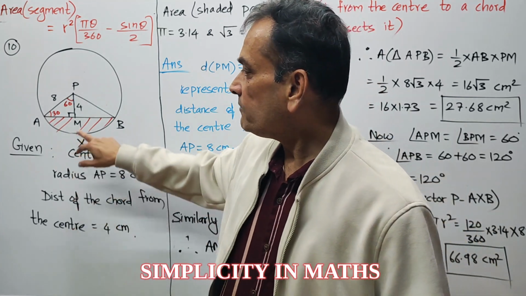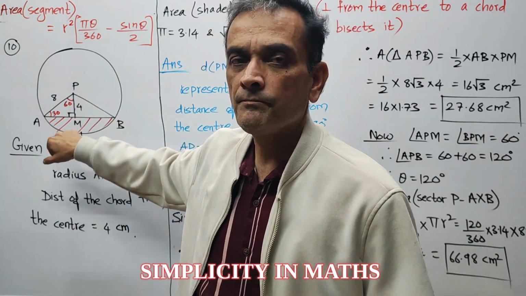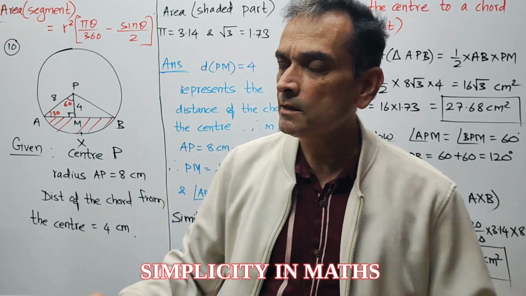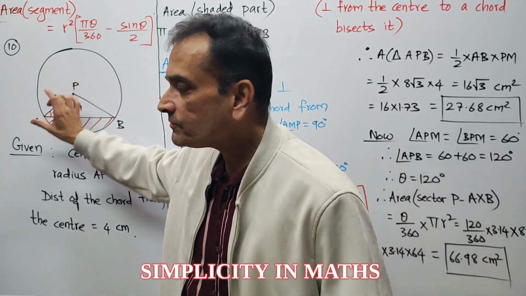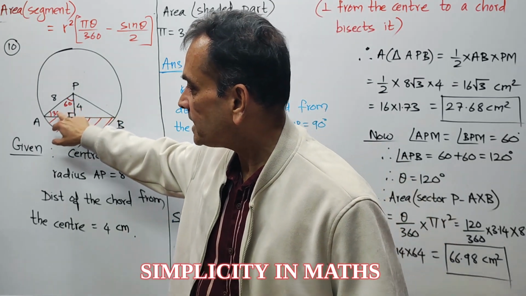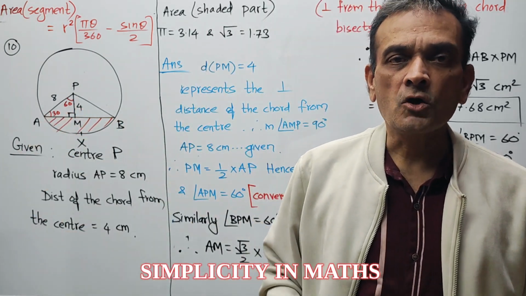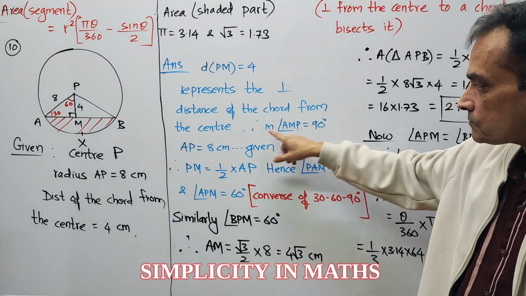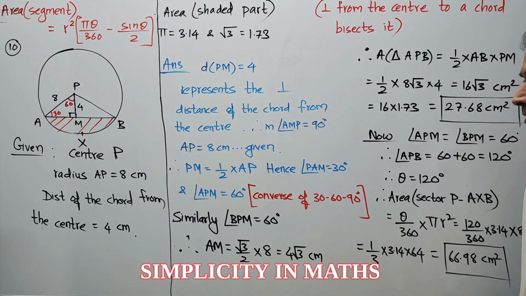If this was 6 centimeters, then it wouldn't be 30. In a right angle triangle, if one side is half the hypotenuse, then the angle opposite to that side is 30 degrees. Converse of 30, 60, 90. So that's what we have mentioned over here.